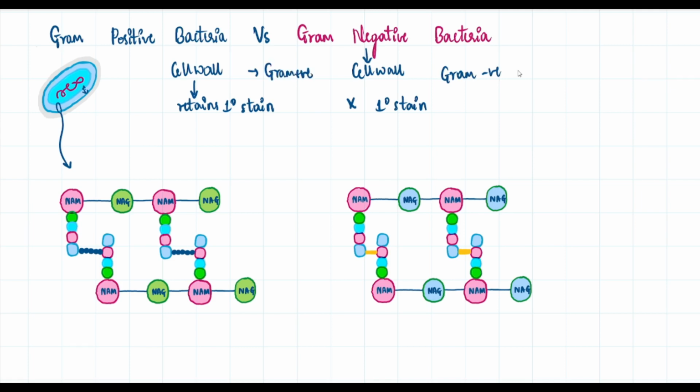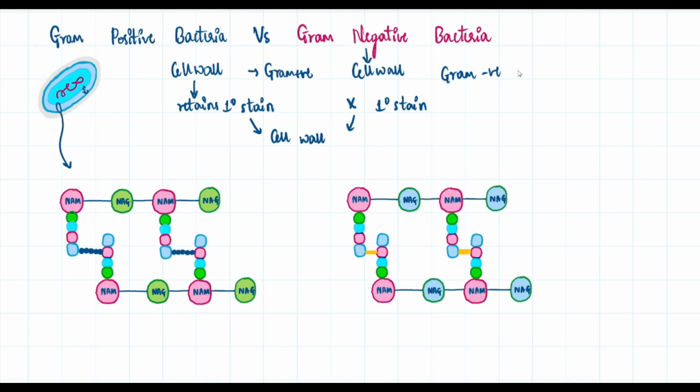So, what is that particular aspect that causes these differences? See, the difference lies in the structure of the cell wall. In gram-positive bacteria, the cell wall is made up of peptidoglycan layer, and in gram-negative also, the cell wall is made up of peptidoglycan only.